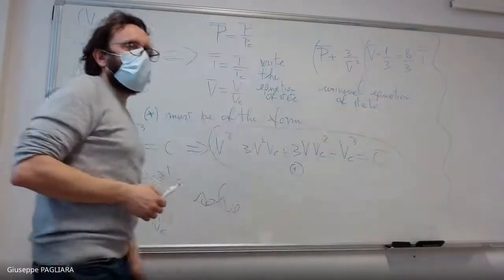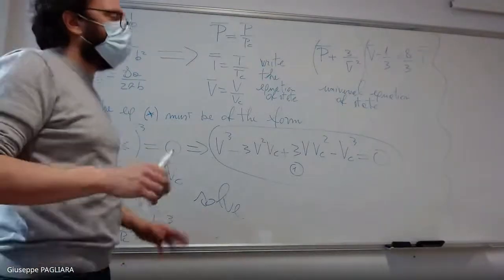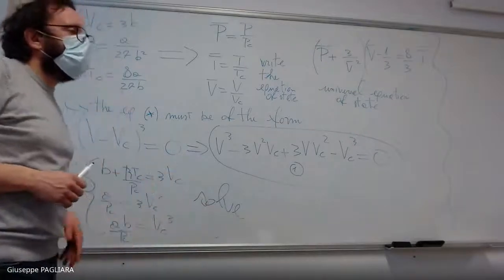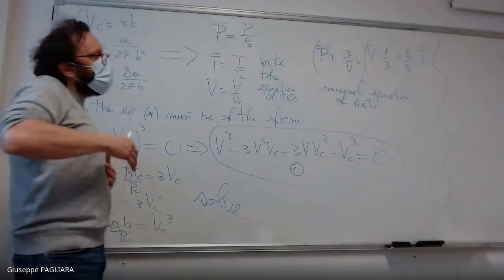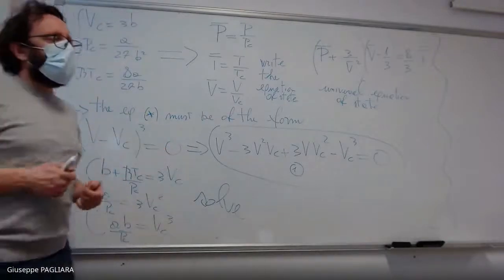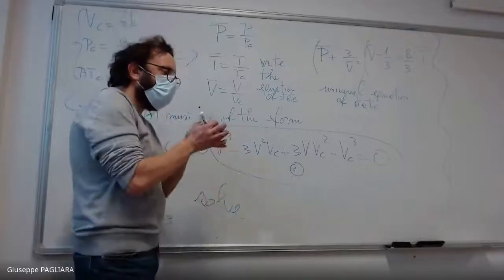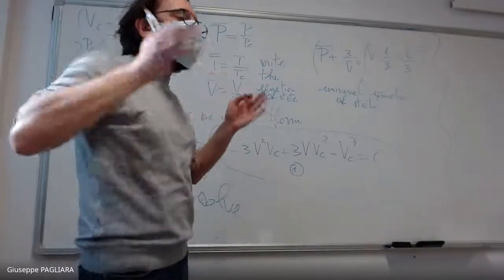Okay? So this is an example of universality, which is a thing which is very important in this context of physics, because it basically provides some laws that are independent from the microphysics, okay, from the specific value of the Lennard-Jones potentials.